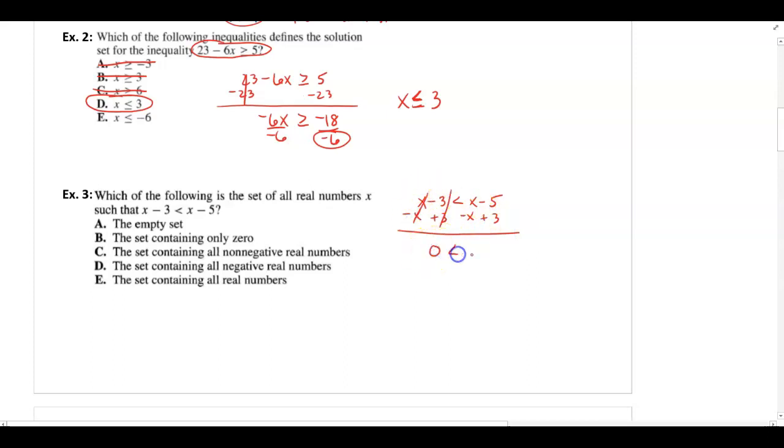So we end up with 0 is less than negative 2. 5 plus 3 is negative 2. What happens here is that's a false statement at the end, and I have no variable to solve for. So this has no solution. And if you have no solution, that would represent the empty set. So you have to understand that.